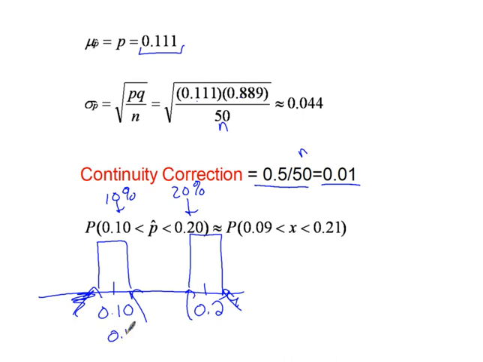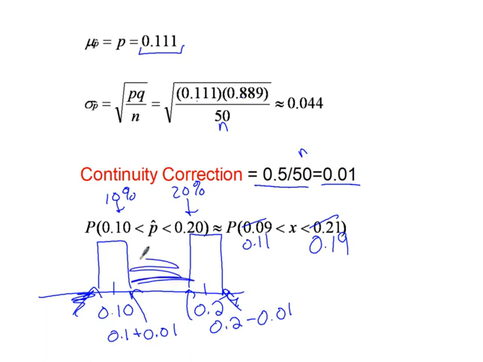So 0.1 plus the correction and 0.2 minus the correction. And I got those two values mixed up on the notes then too. Okay, and that's all because I want to find the area in between.